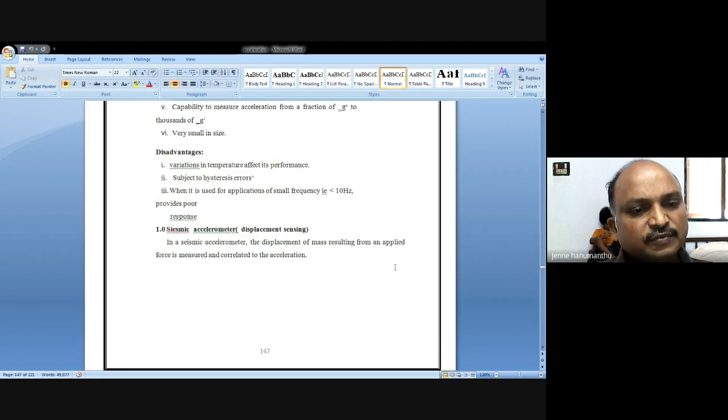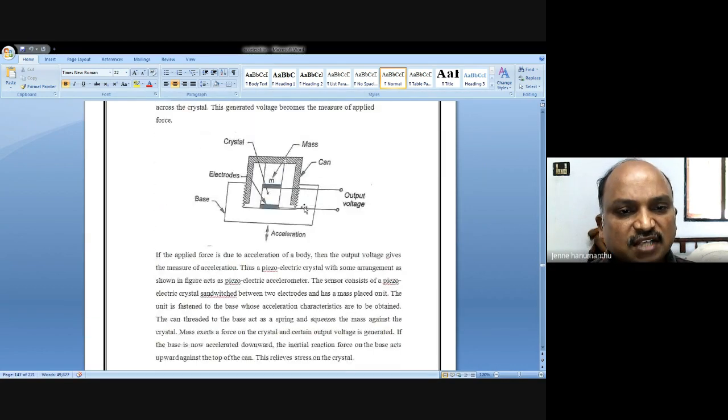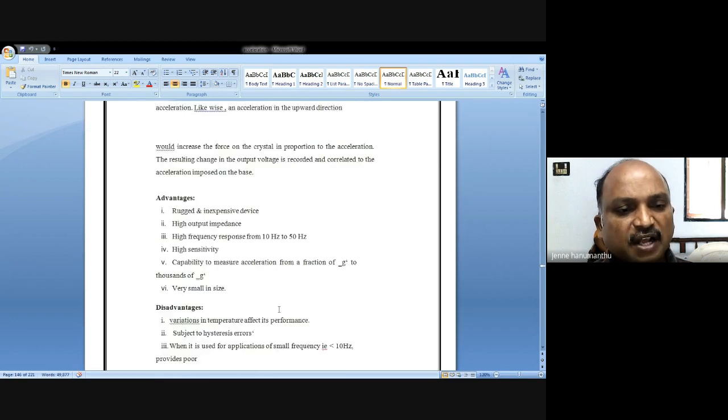Okay. So the next one is the seismic accelerometer. In the previous diagram we are using a crystal. In the place of the crystal, if you use a dashpot and spring, and if you use a position transducer, then that diagram is nothing but a seismic transducer.